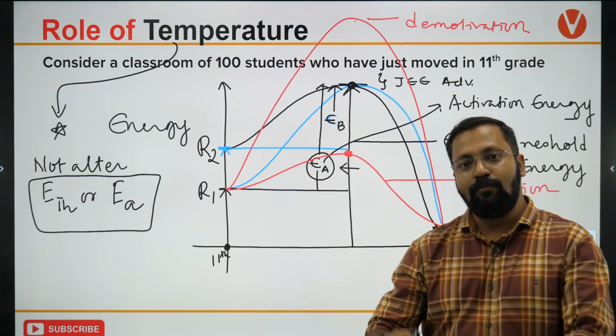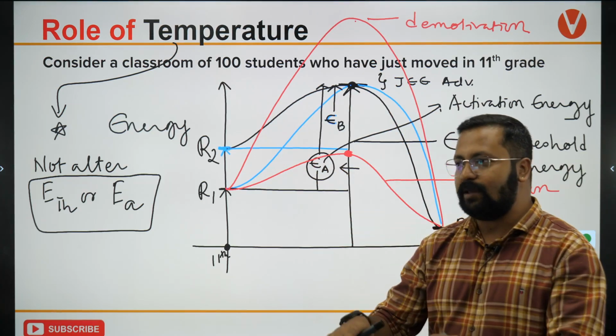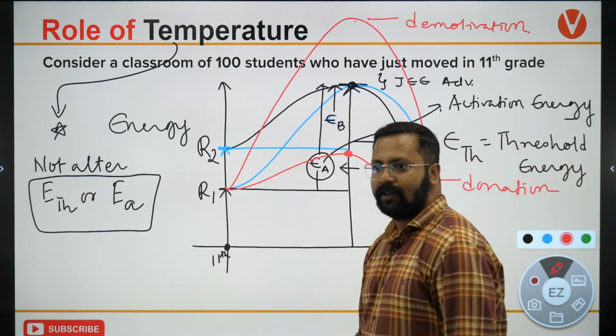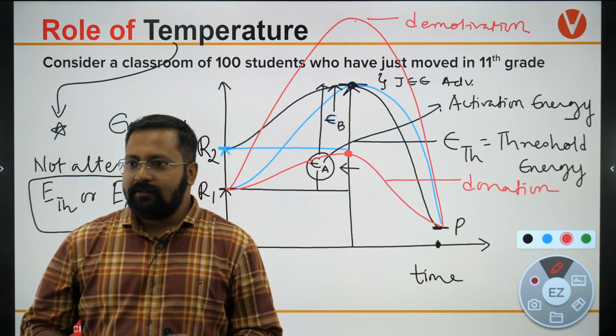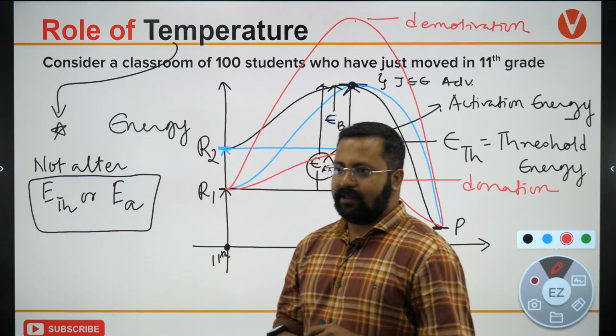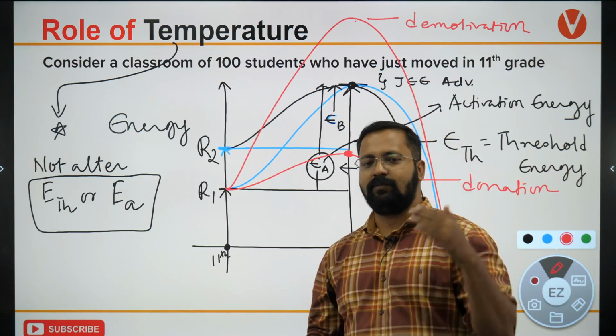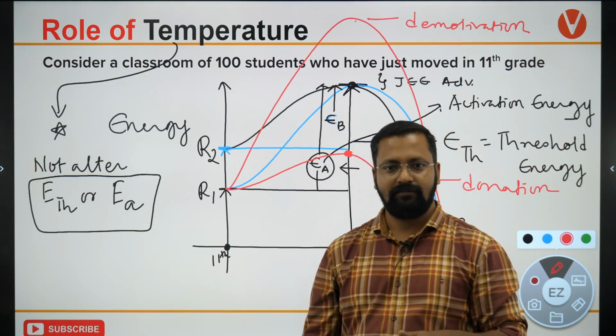When somebody is demotivating you and you are totally demotivated, the chances that you would qualify the examination are very less. The catalyst reduces the height of the mountain. You can understand it that way. So a catalyst is something which will reduce the height of the mountain.